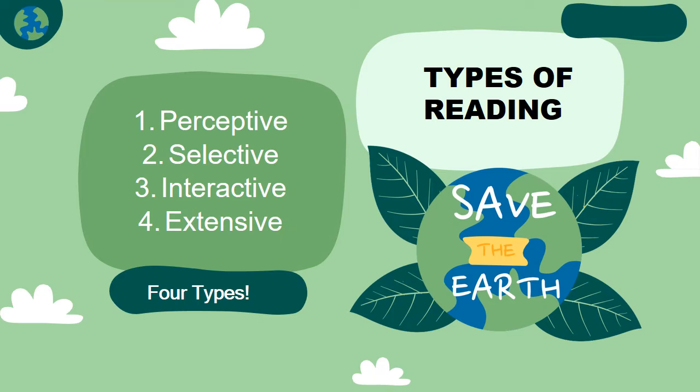Perceptive reading tasks involve attending to the components of larger stretches of discourse, such as letters, words, punctuation, and other graphemic symbols. Bottom-up processing is implied.